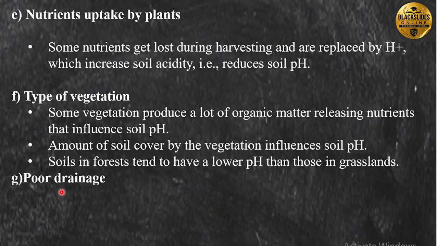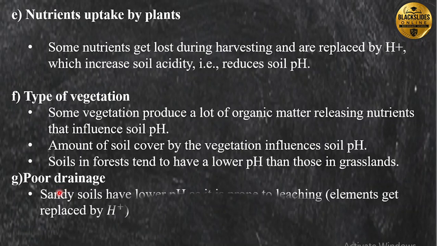Last but not least, soil pH is affected by poor drainage. Sandy soils have lower pH as they are prone to leaching, because the ions, the metal cations in it, are lost by leaching. Those are replaced by hydrogen ions, which lowers the soil pH.